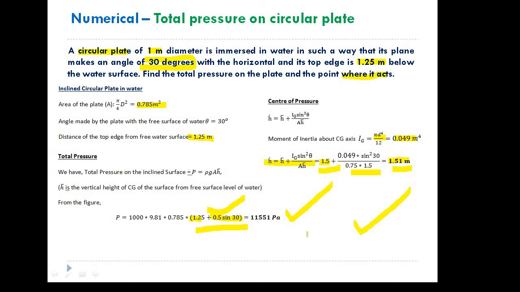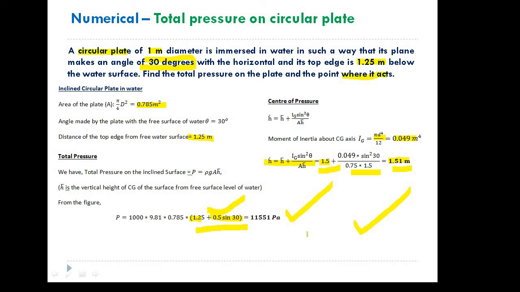So this is how we have done some problems regarding the center of pressure and total pressure. The only thing we should know is the equations for total pressure and center of pressure, how to locate the position of the center of gravity as per the given problem, and also the equation for the moment of inertia of the given planar surface.